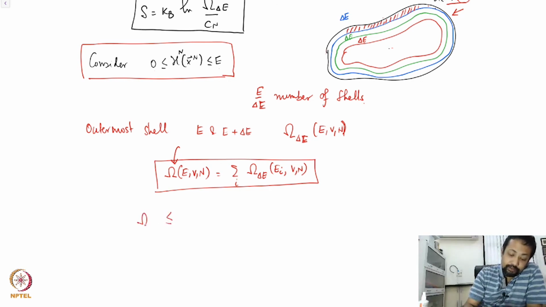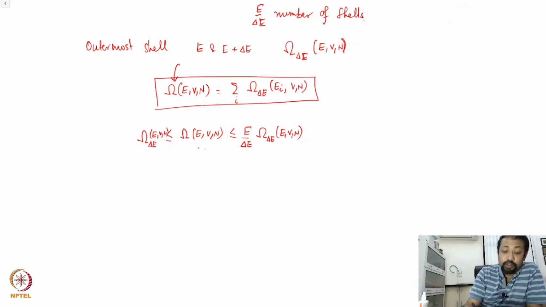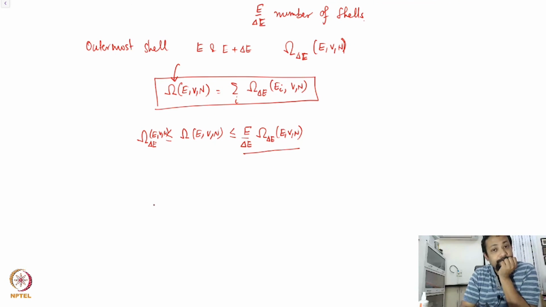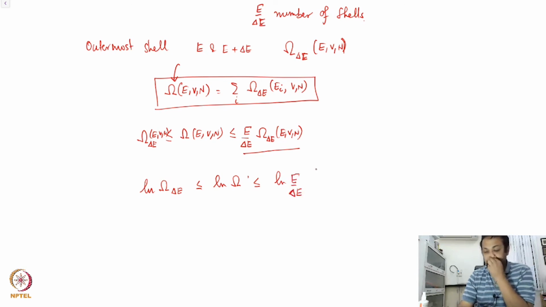So therefore we can write omega delta E, E, comma V, comma N is less than omega E V N, which is less than E over delta E number of shells multiplied by omega delta E, E V N. Now if you take a log, ln omega delta E is less than ln omega, which is less than ln of E over delta E plus ln omega delta E.